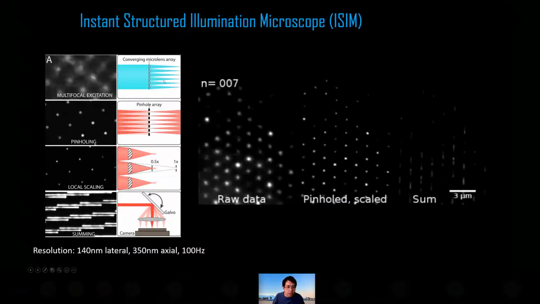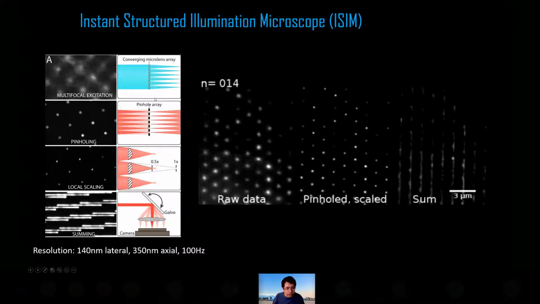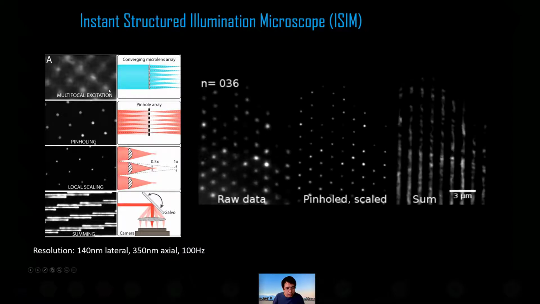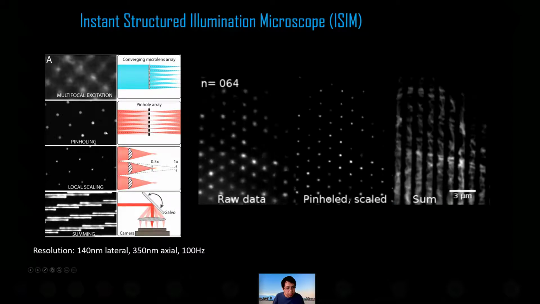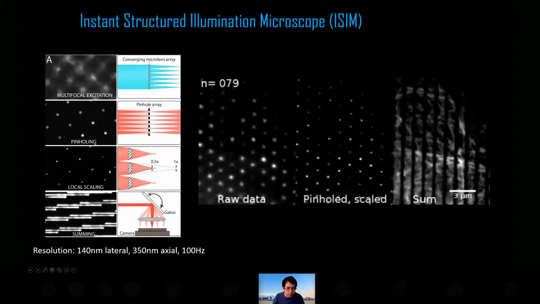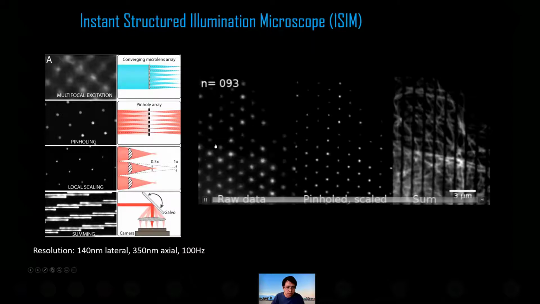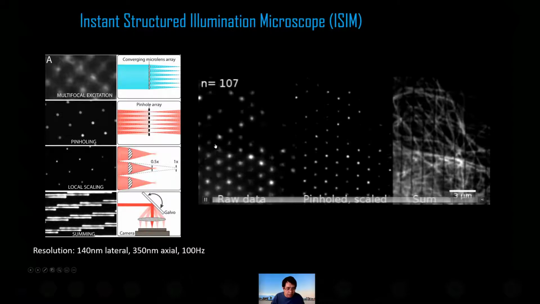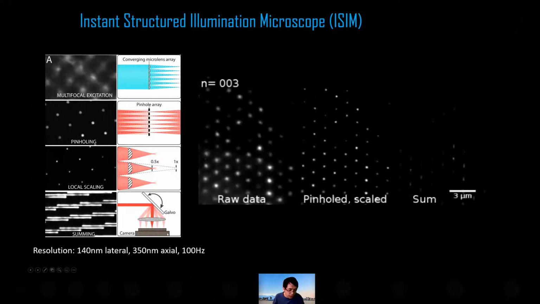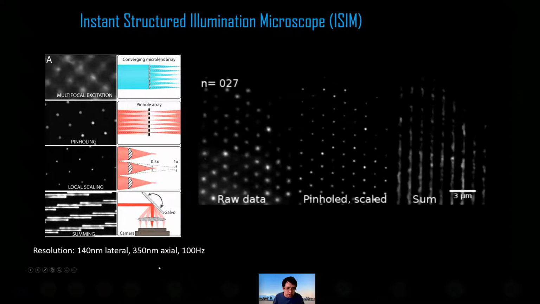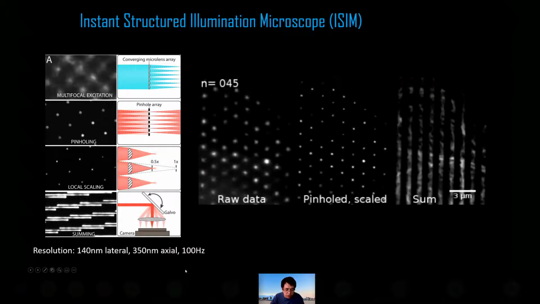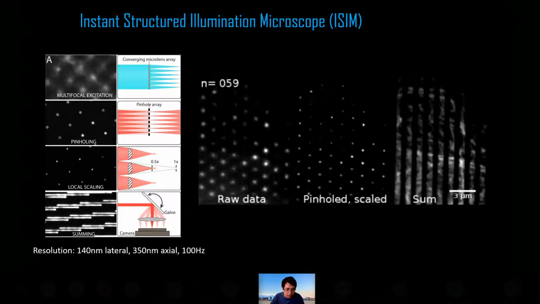Basically, the combination of the multifocal excitation lens and the pinhole and emission microlens array enables us to get a resolution around 140 nanometers laterally and 350 nanometers axially, and we can achieve very fast imaging around 100 hertz.